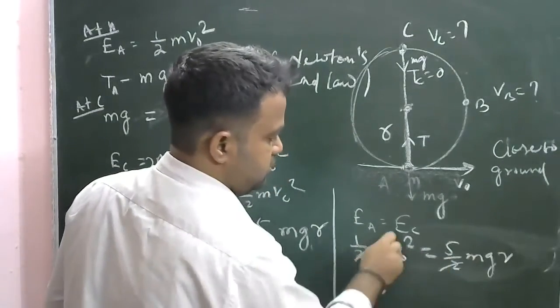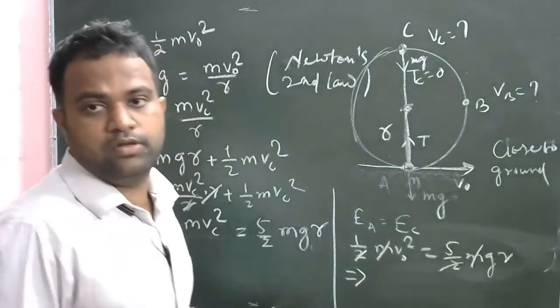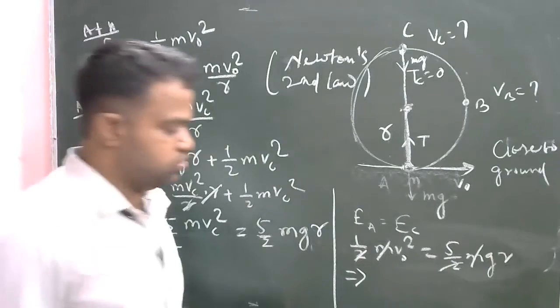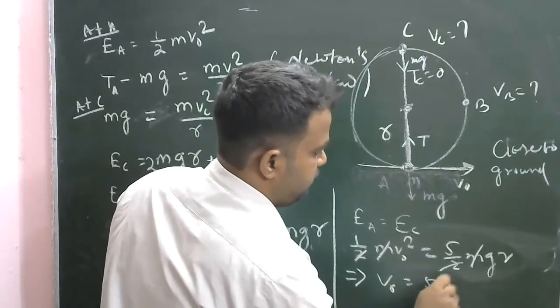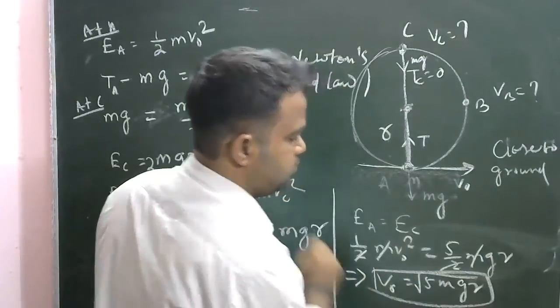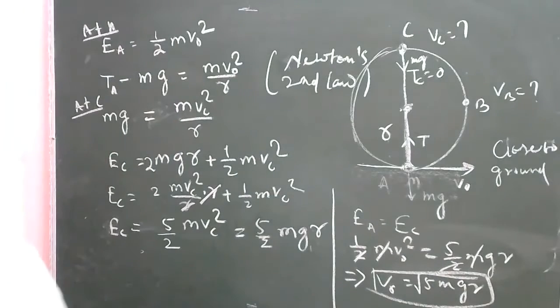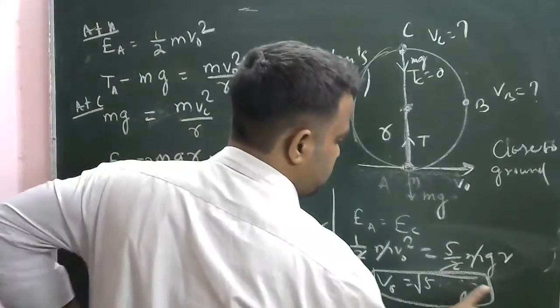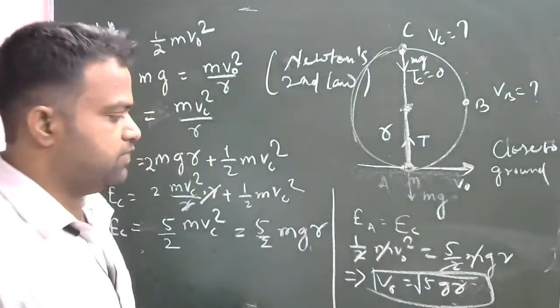The 2 cancels, m cancels, so v0 square is 5gr, so v0 is root of 5gr.